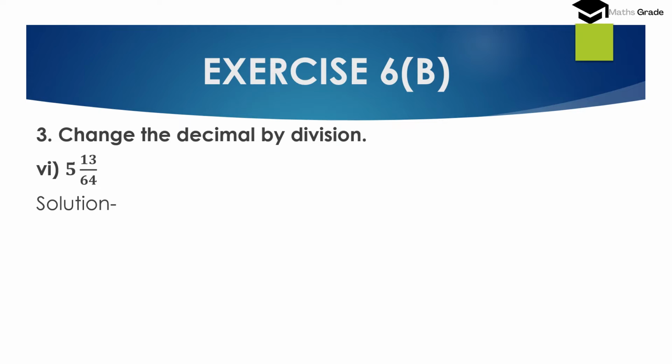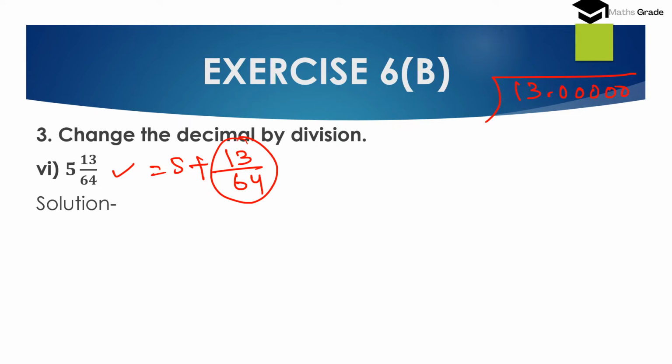Now sixth bit. 5 13 divided by 64. We can write 5 plus 13 divided by 64. Now convert this 13 divided by 64 into decimal. So we can write 13 as 13.0000. Now divide this 13 by 64.